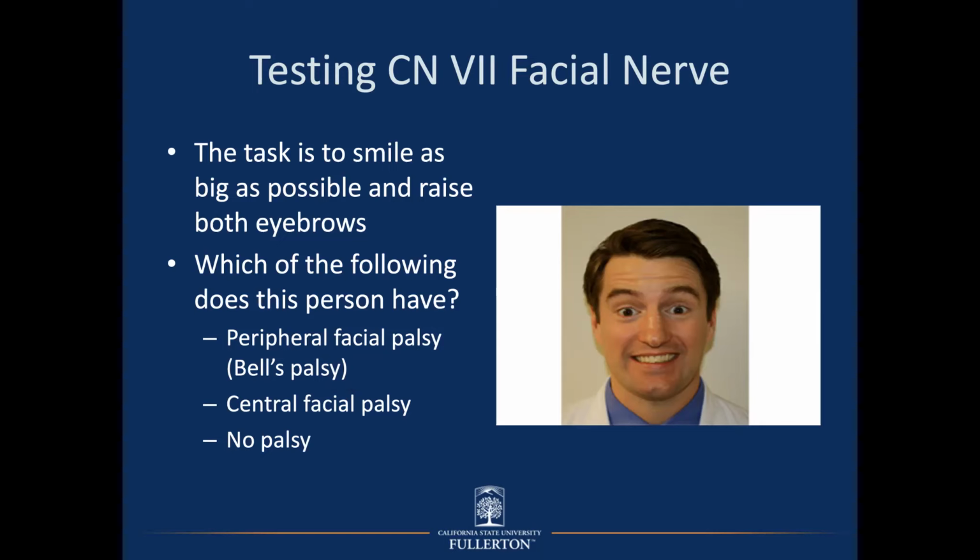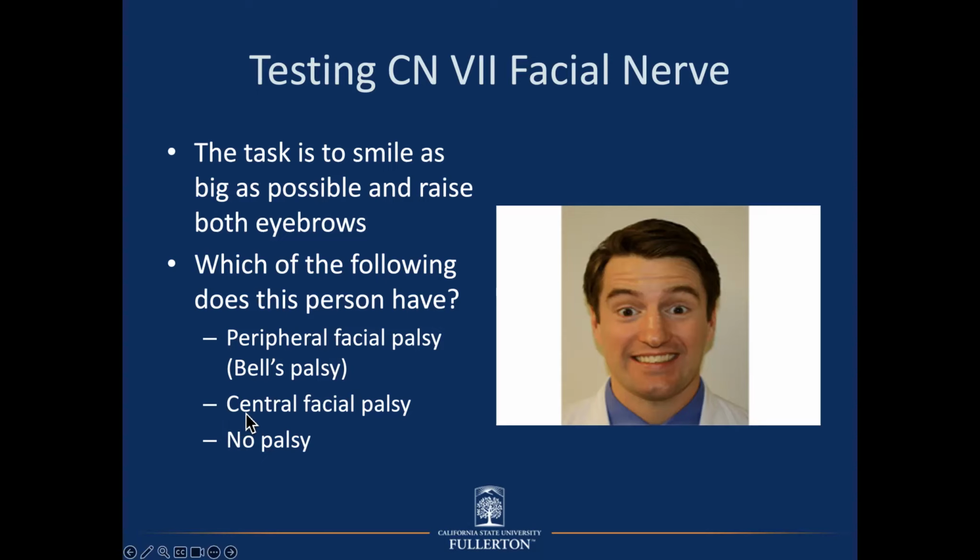By peripheral facial palsy, they mean a facial weakness caused by a peripheral nerve lesion. So that would be illustrated by the person whose facial nerve, coming through the parotid gland on the right, gets damaged in surgery. They have a right peripheral facial palsy, also called a right Bell's palsy.